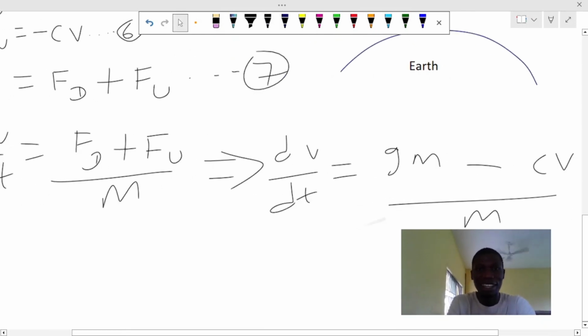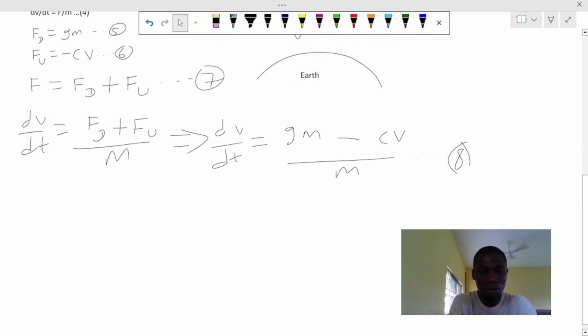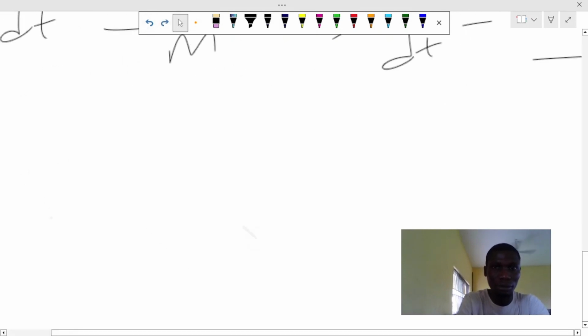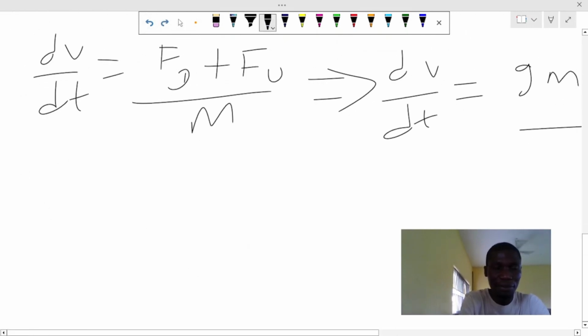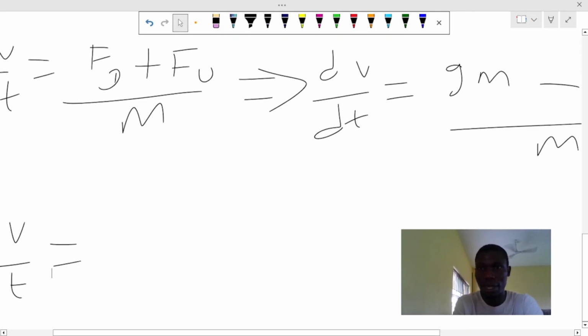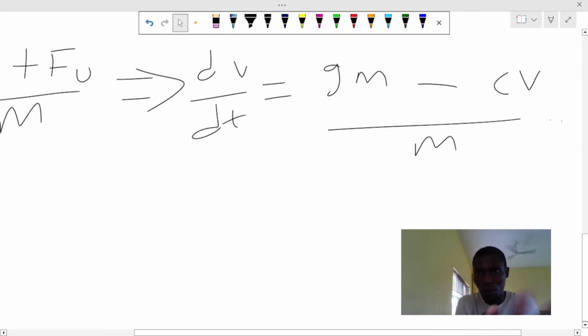Beautiful. Now we can simplify further to have dv/dt equals gm minus cv, each divided by m.